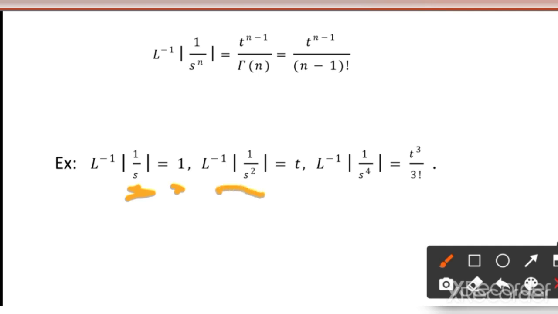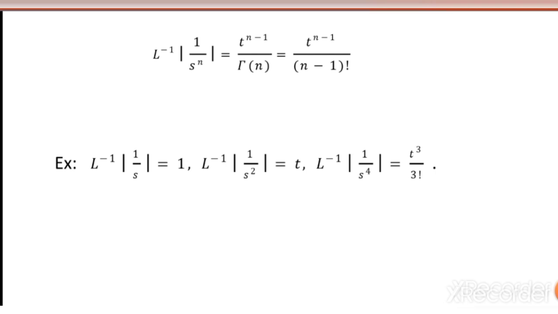Likewise, L inverse of 1 over s square is t power 1 minus 1 by 1 factorial, and L inverse of 1 over s power 4 is t power 4 minus 1 by 3 factorial. So the first result here is L inverse of 1 over s power n, that is t power n minus 1 by n minus 1 factorial.